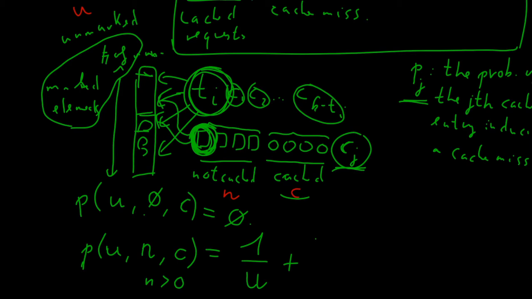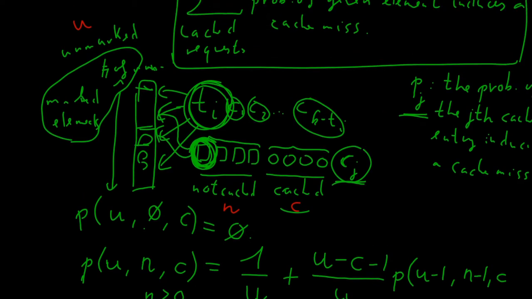So since there are u unmarked elements in the cache, and there are c cached guys, and there's also me, CJ, this is the number of unmarked slots in the cache which are not a problem if the new element destroys it, so it's over u, okay, times the probability of having one less unmarked element because I marked it, and one less new element, and the same number of cached elements.